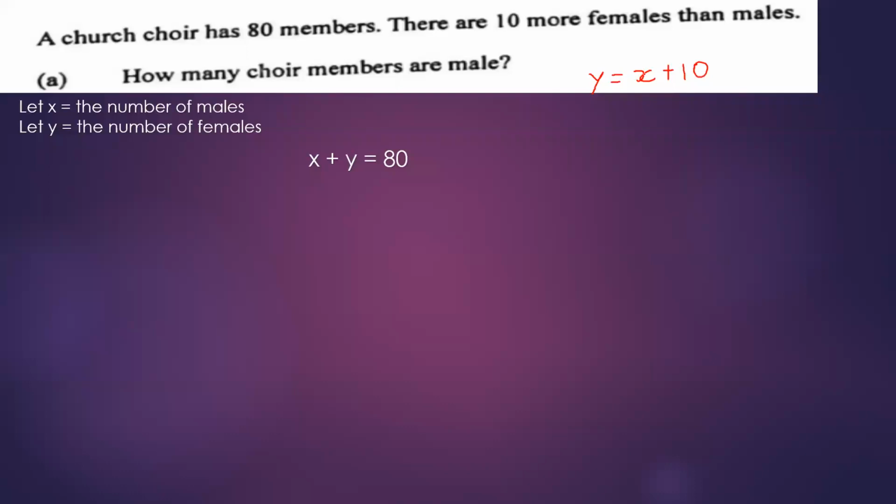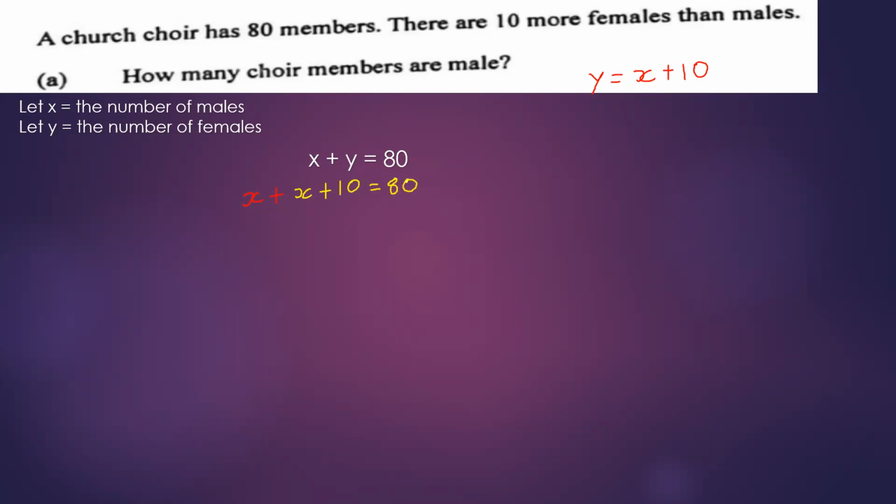Instead of using y, we put x plus 10. X plus 10 is our new version of y because there are 10 more females than males. It's going to be equal to 80.